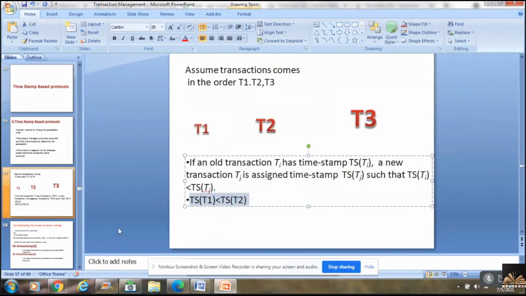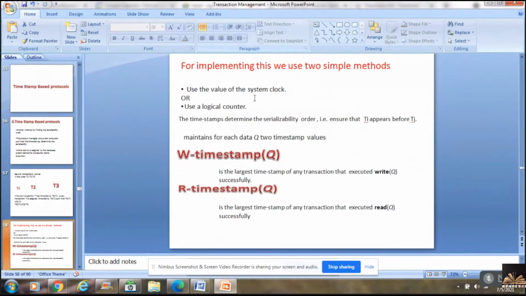Why T1 is to execute first: whenever you're working with timestamp ordering protocols, each data item Q is given 2 timestamps. The first one is the write timestamp with respect to the database item Q, and the second one is the read timestamp.